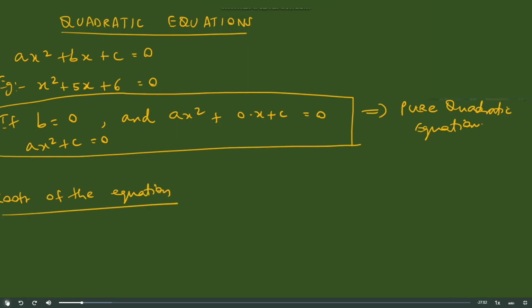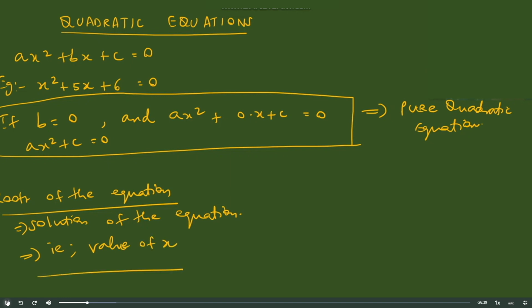What is meant by roots of the equation? Roots of the equation means the solution of the equation. The solution of the equation is nothing but the root of the equation, that is the value of x.